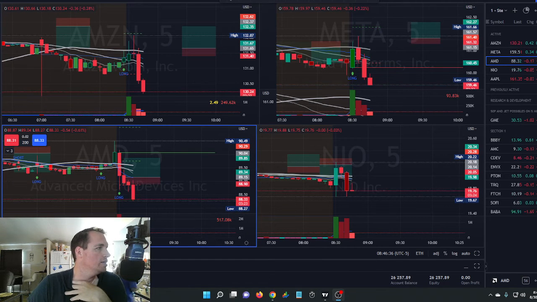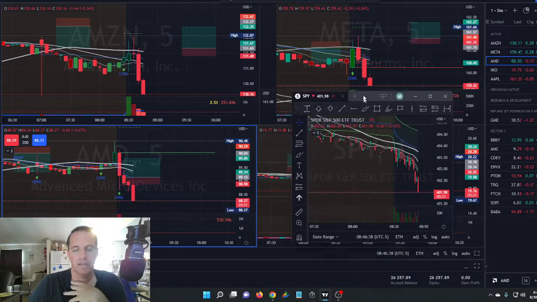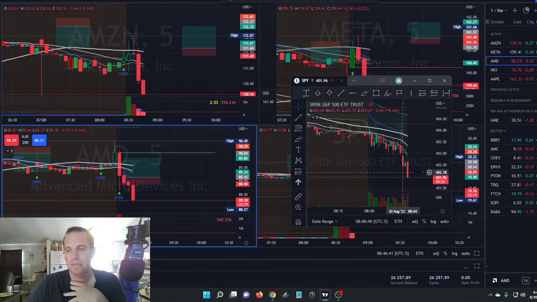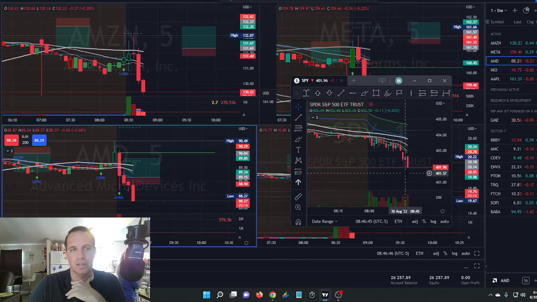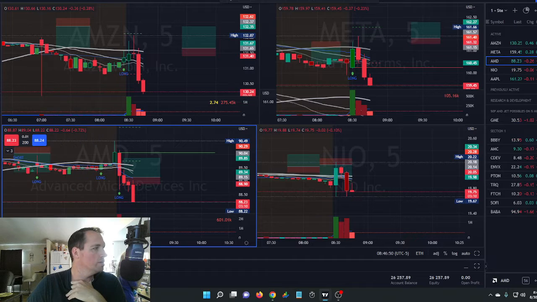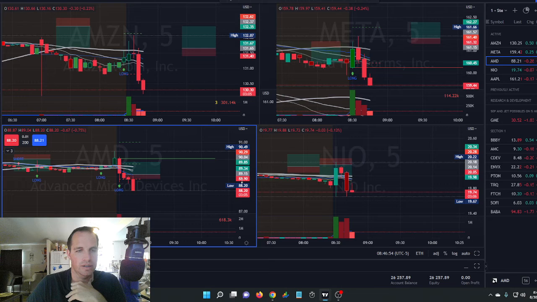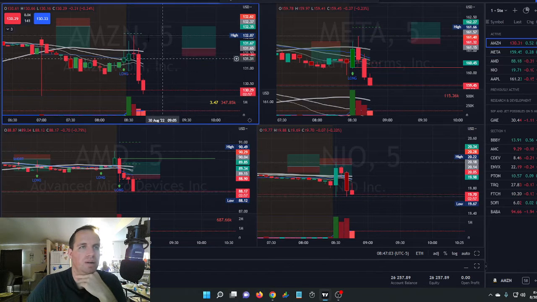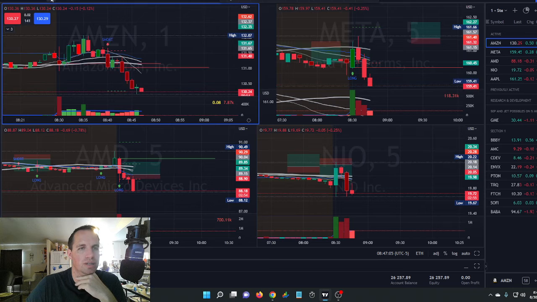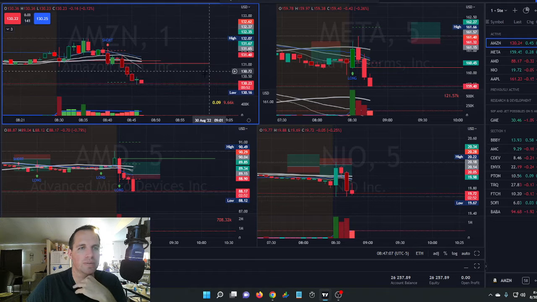Okay, if you look at the SPY this morning, I'll just pull it over here, it's actually tanking off pretty strong. So I would say the entire market is feeling it this morning. I don't know to what degree, but I would like to see what things did on the 1 minute.